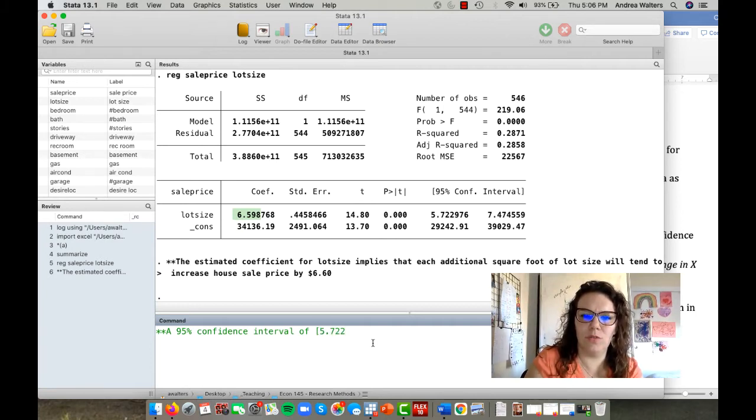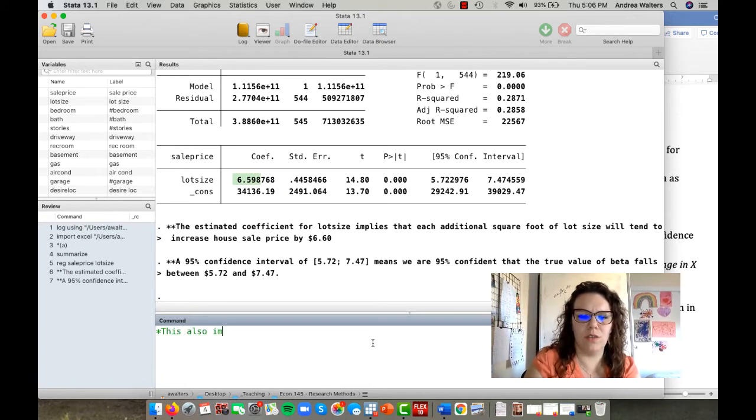of 5.72 to 7.47 means we are 95% confident that the true value of beta falls between $5.72 and $7.47.